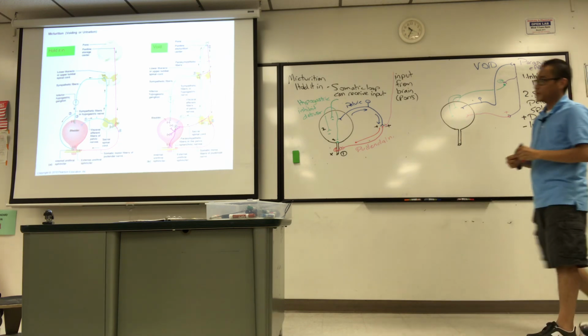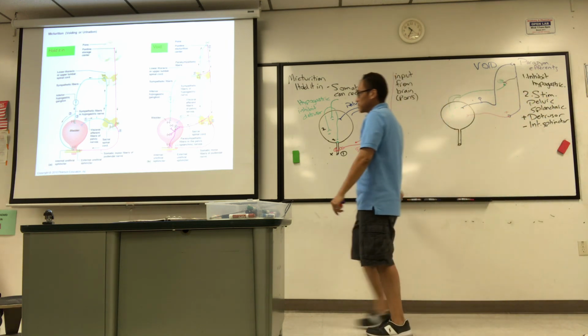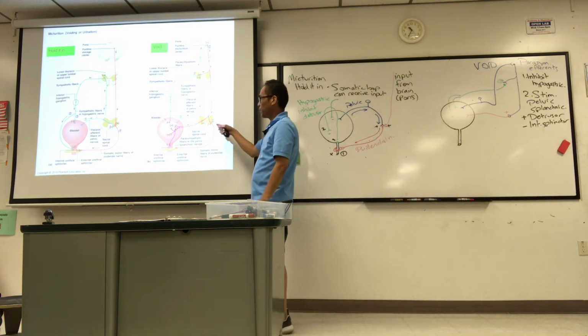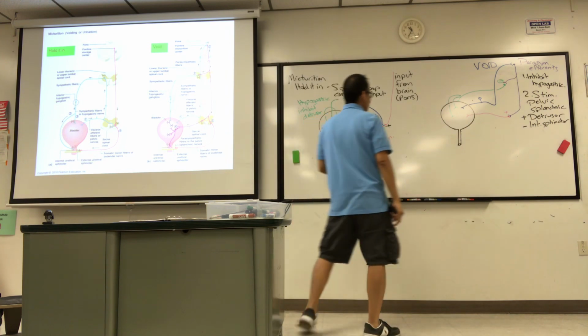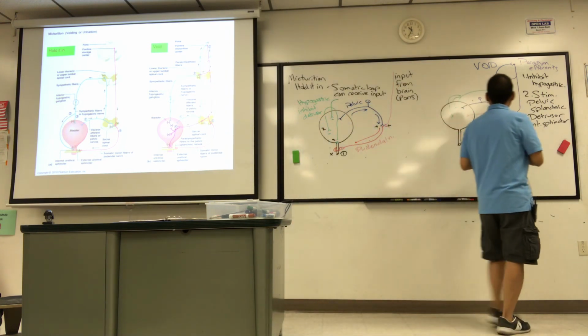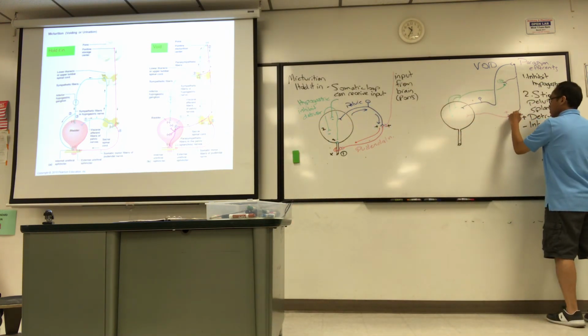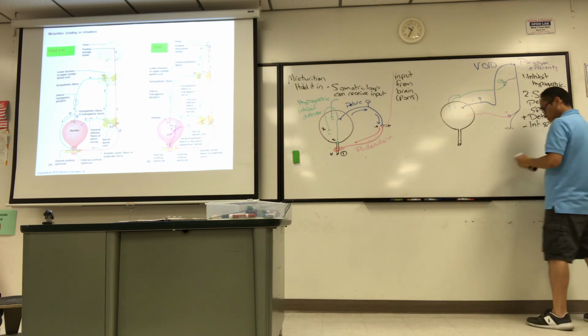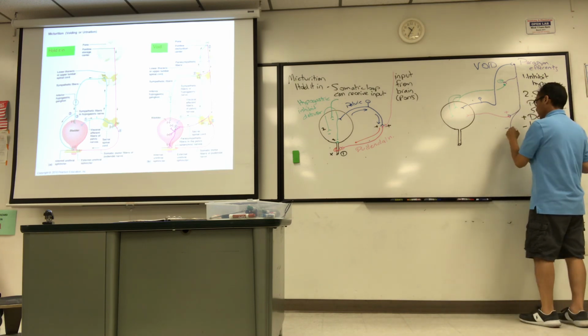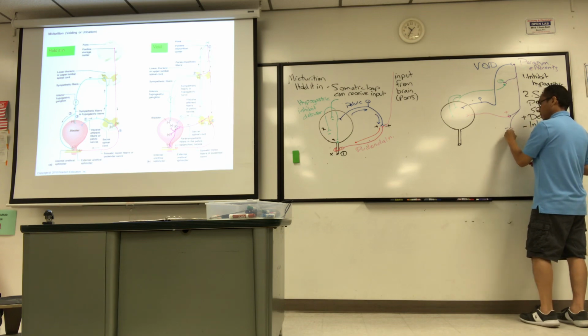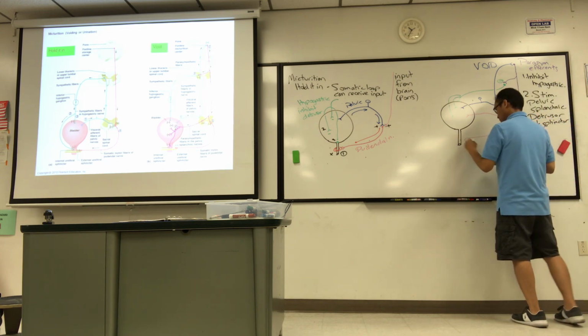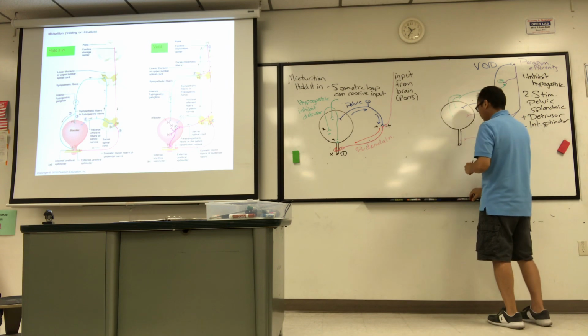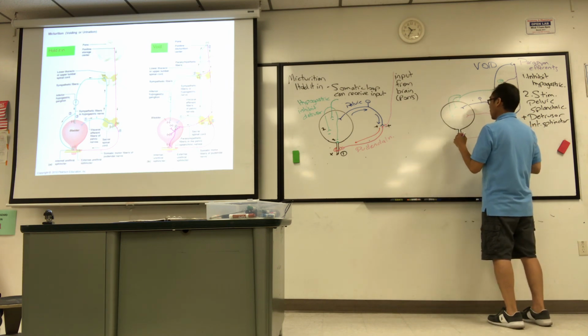And the last thing that this parasympathetic efferent does is it inhibits pudendal. I'll put a negative sign and draw another nerve. You want to inhibit the nerve that contracts the external sphincter.